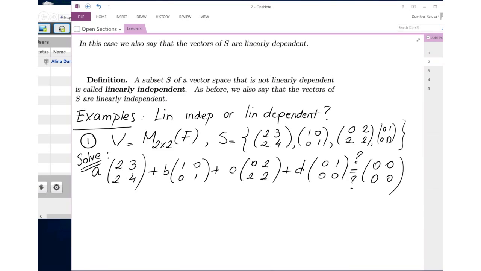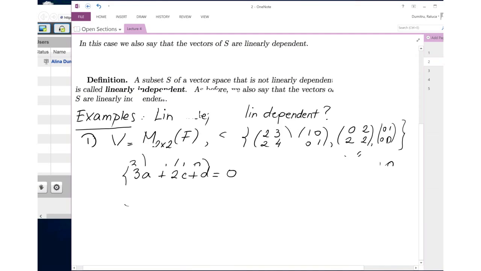So what does it mean? 2a plus b equals 0, plus 2c plus 2c.